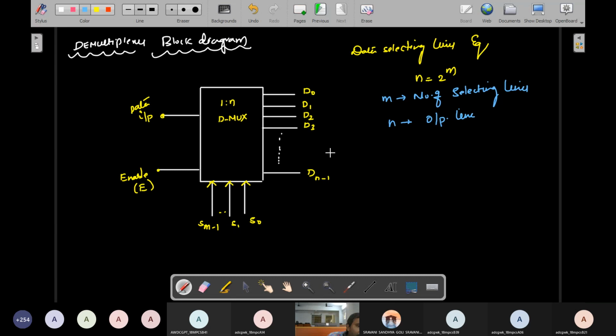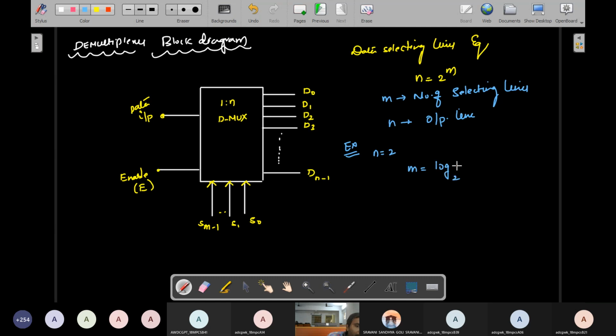For example, if n is equal to 2, for a 1:2 demultiplexer, then your output lines are 2. Rearranging this equation, m is equal to log of n with base 2.